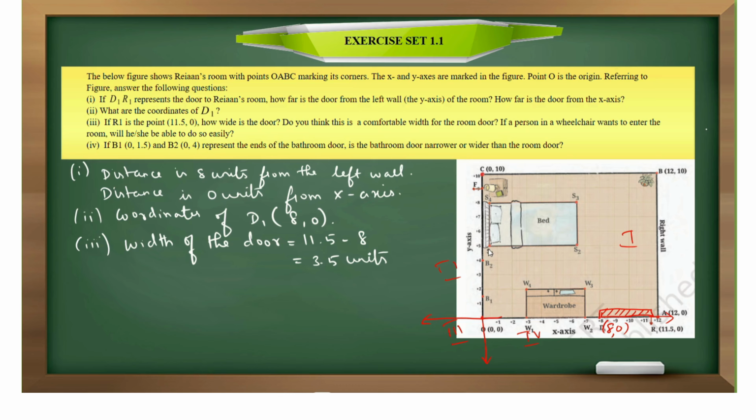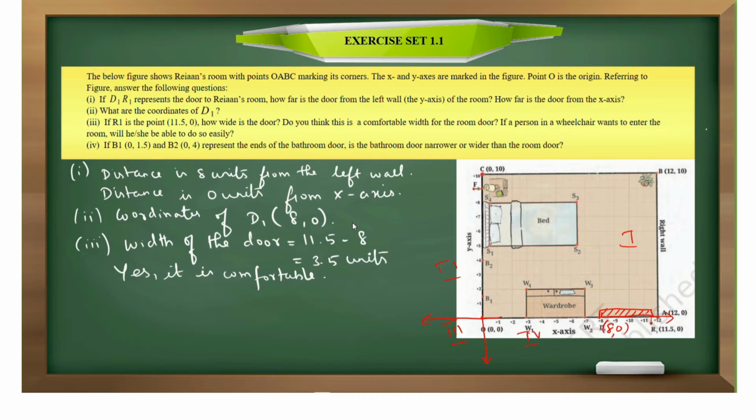Once you can bring a bed into this room, we have to open this door whose width is 3.5. Is it comfortable to take this bed into that room? Obviously it is comfortable for everyone to enter that room. So the answer for the third one is yes, it is comfortable.